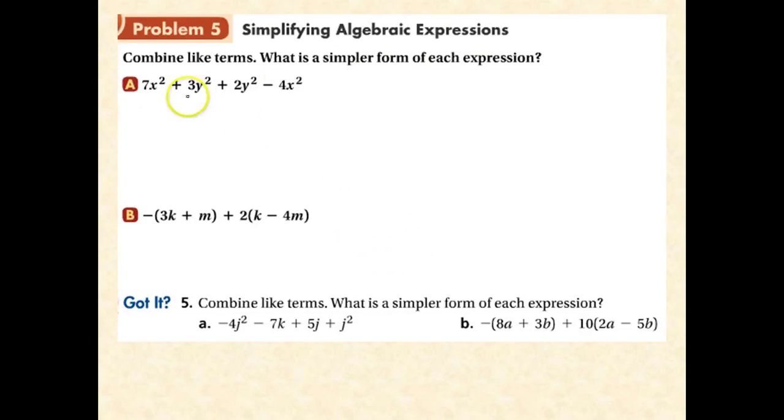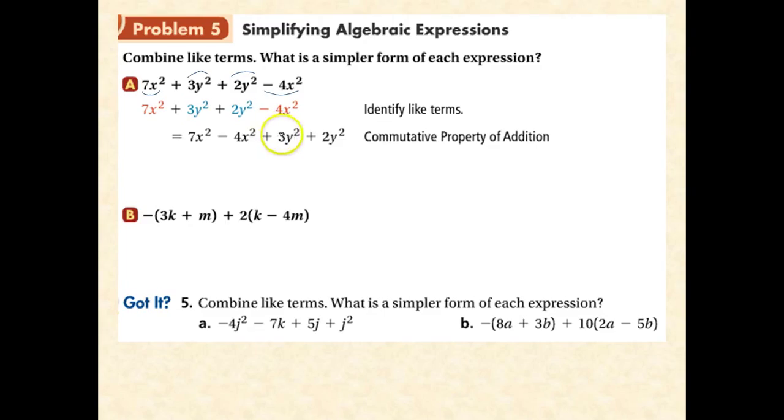Alright. Combine like terms. What is a simpler form of each expression? So the first thing I'm going to do is I'm going to look and see if I got like terms. I got 7x squared and -4x squared, and I got 3y squared and 2y squared. So let's see how we're going to use our properties to simplify this. We identify our like terms. Commutative property lets us move them close to each other.